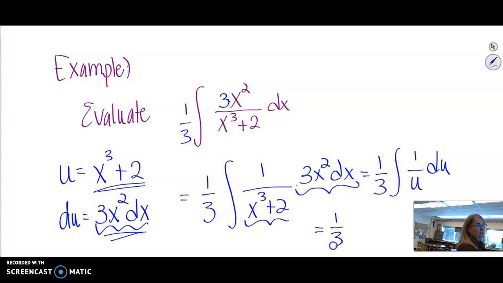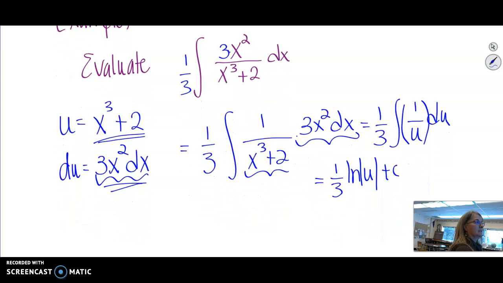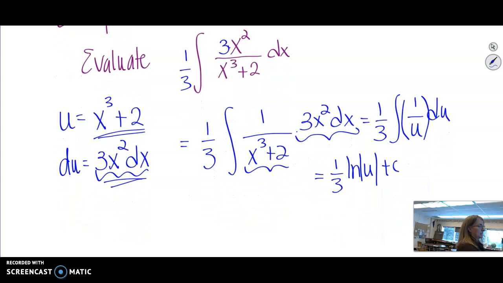So I have 1/3, and remember the antiderivative of 1 over u is ln of u in absolute value, and I'm going to have plus c because this is an indefinite integral. Put back the function in terms of x, and you get 1/3 ln of the absolute value of x cubed plus 2, plus c.